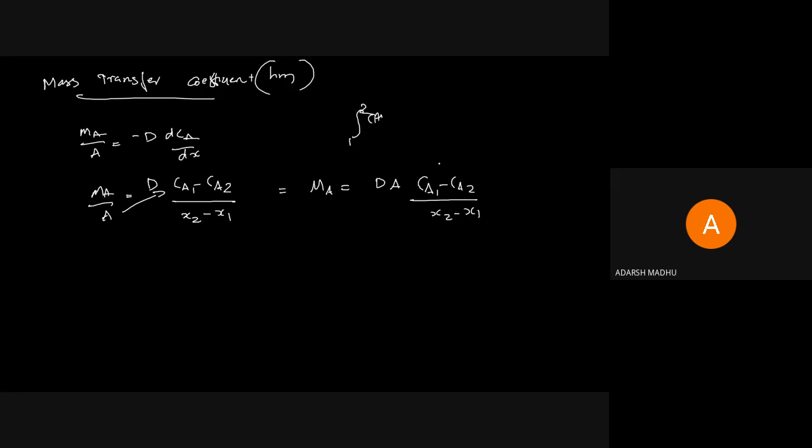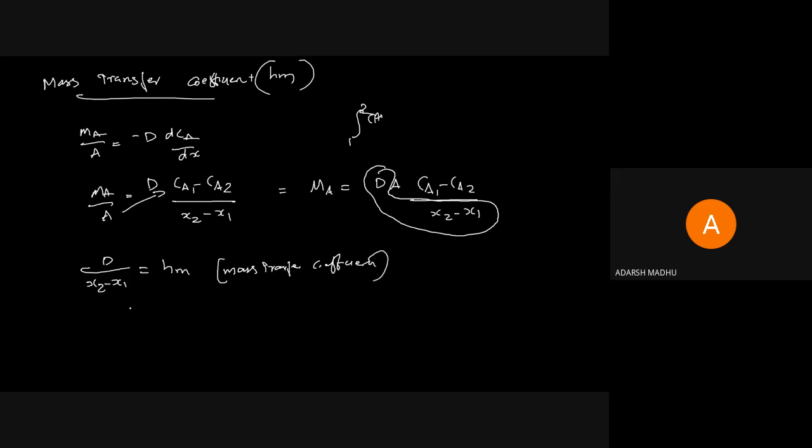And D divided by x2 minus x1 is the mass transfer coefficient HM. You can write the equation as MA equal to HM into A into CA1 minus CA2.